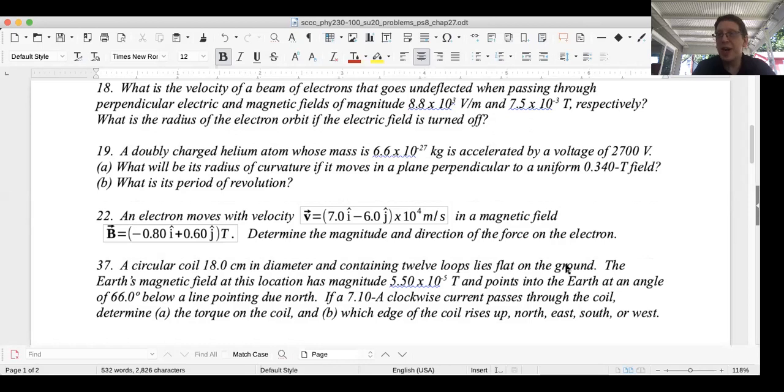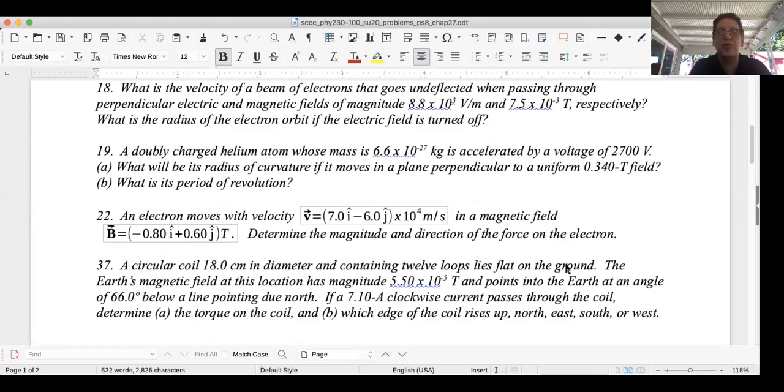You can figure out the direction of the magnetic dipole moment from the direction of the current, and then you can figure out the torque that way.